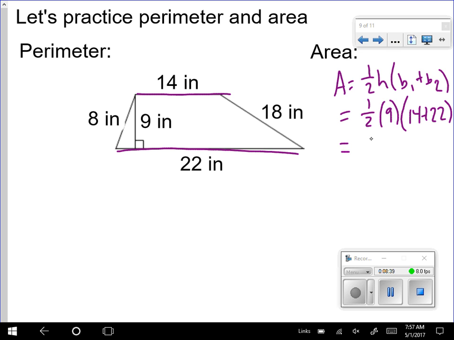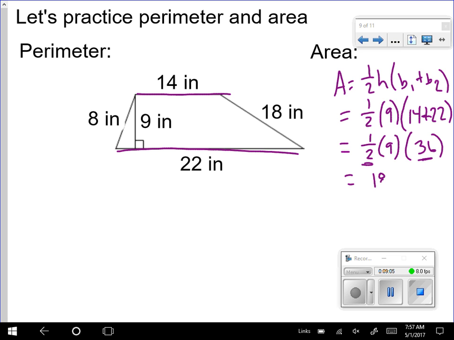From there, we're going to want to work through what we see. So 1/2 times 9. Since 9 isn't even, I'm going to hold off on that for a second. 14 plus 22 is going to be 36. From there, I can work with what I have. So since 36 is even, I might want to use that and divide by 2. So 36 divided by 2 is going to be 18.